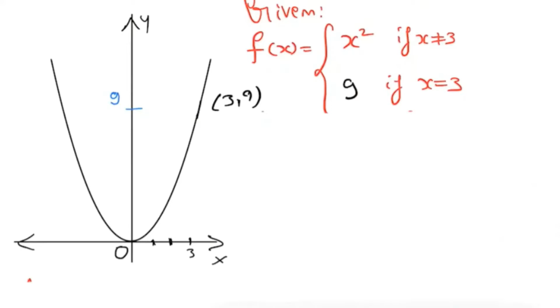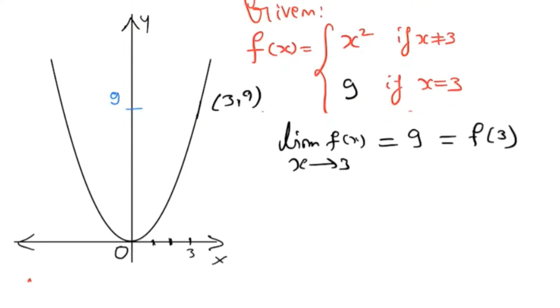So now the limit of f of x as x tends to 3, already found, is 9, which is the same as f of 3. So at x equal to 3, f is continuous.